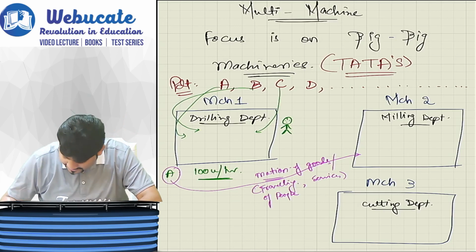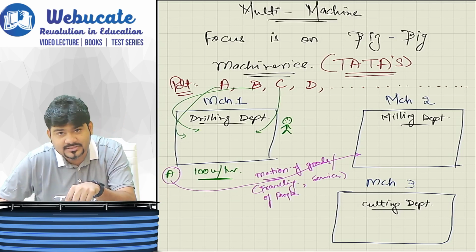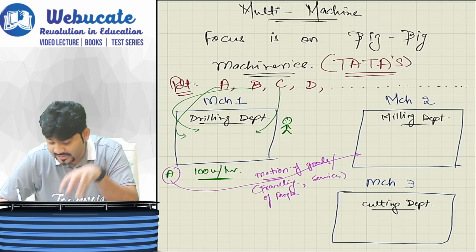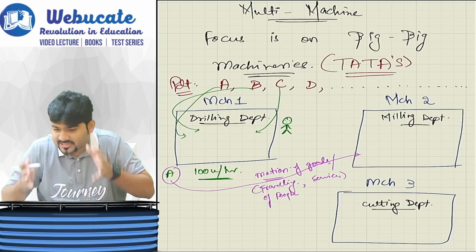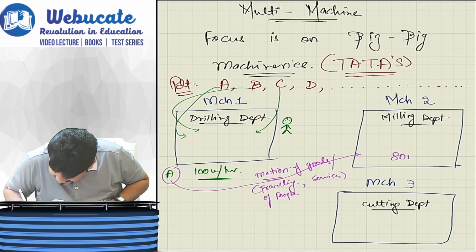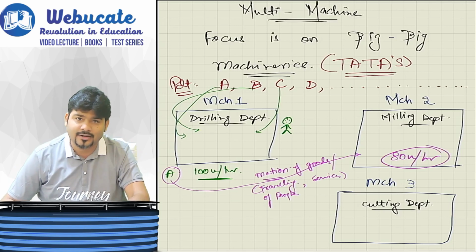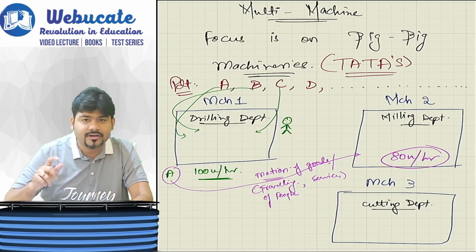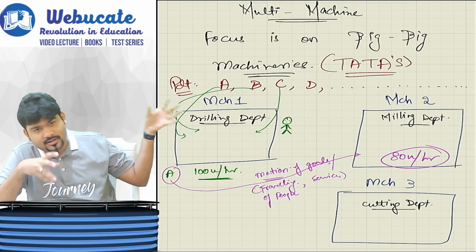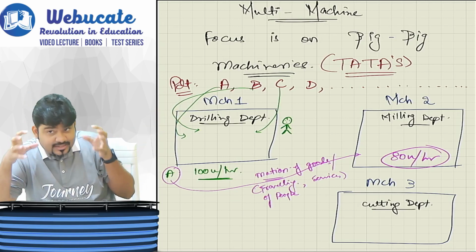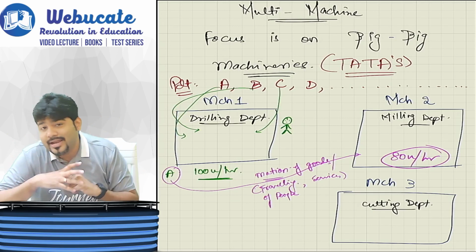Now the milling department says, boss, you have brought 100 units for milling, drilling work is done, but boss, my capacity is only 80 units per hour. So if I start the milling work, even though you have brought 100 to mill, in 1 hour I can mill only 80 units.